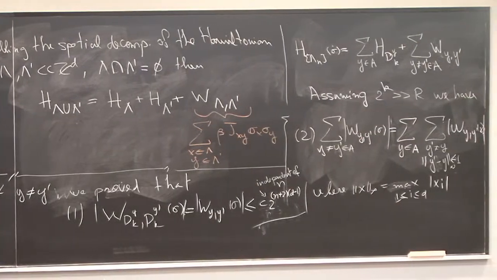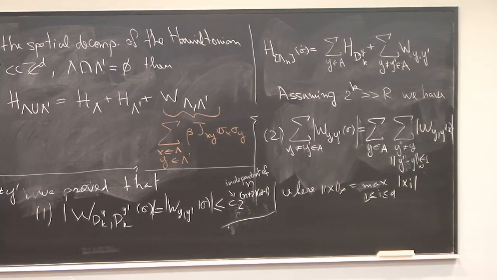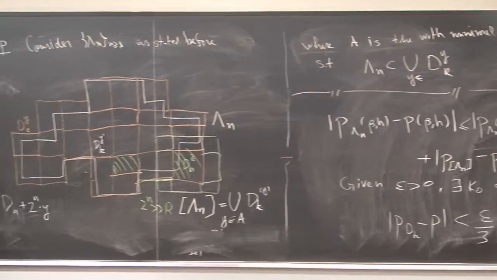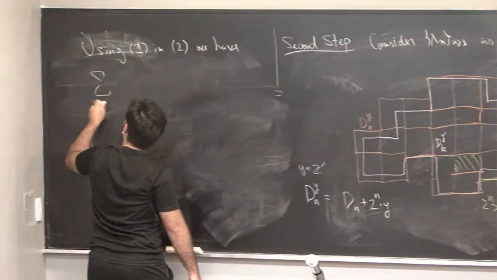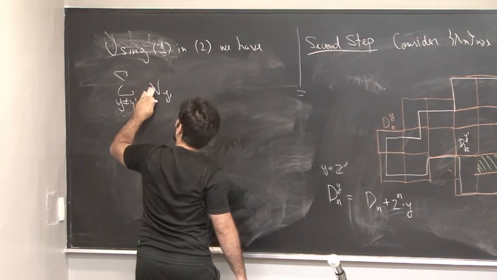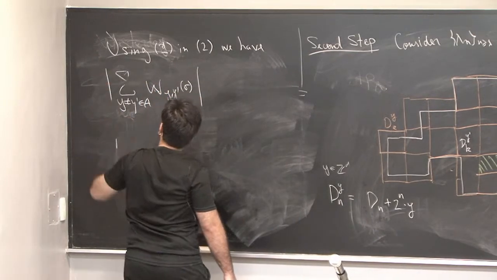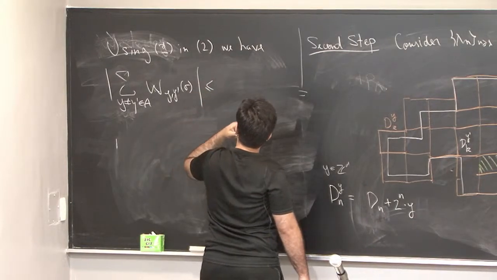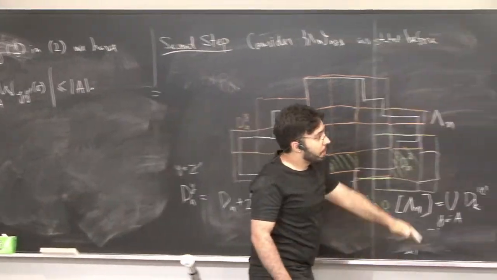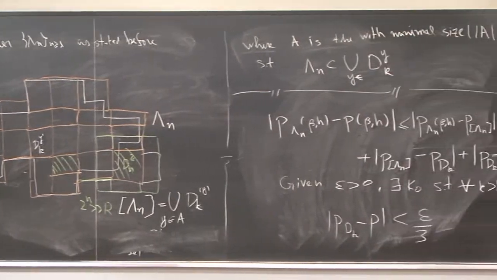So using 1 and 2, we have that the absolute value of the sum of w y y prime is actually less than the size of A, times the ball in the supremum norm of radius 1, which has at most 2 to the power of d cubes.